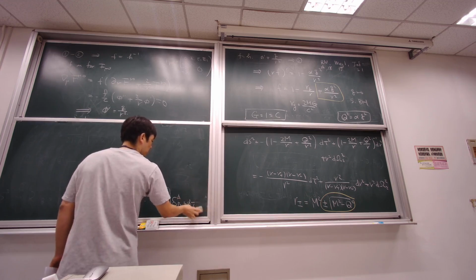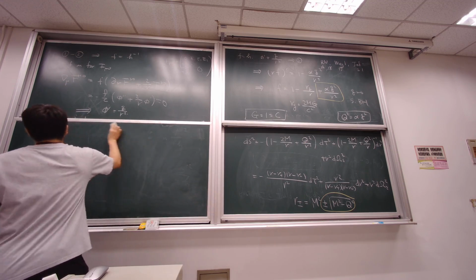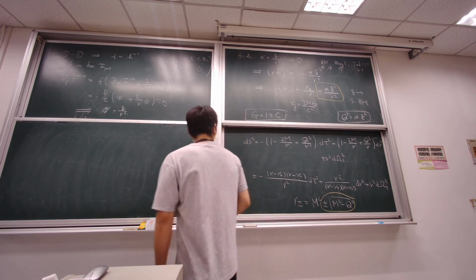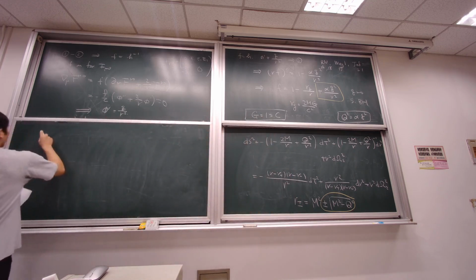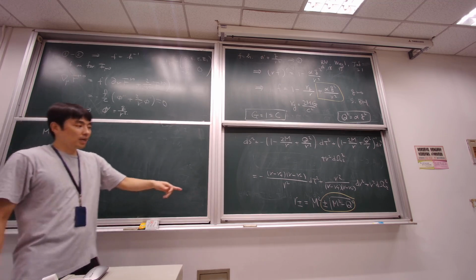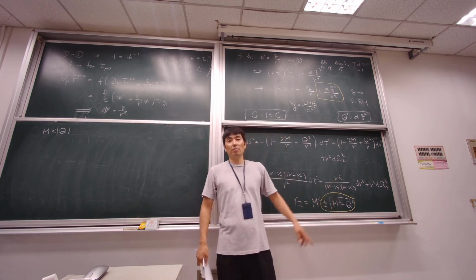Fine. So if m is less than q, where q can be positive or negative, so I just take the absolute value. If this is the case, this part becomes negative and the square root is imaginary.